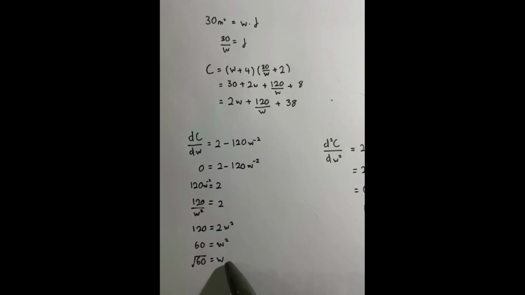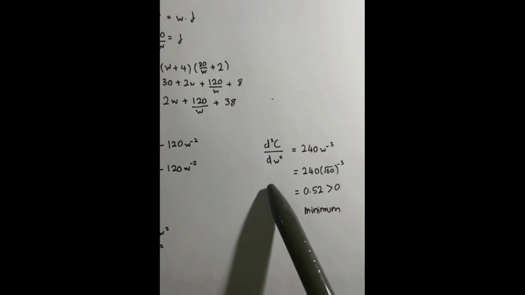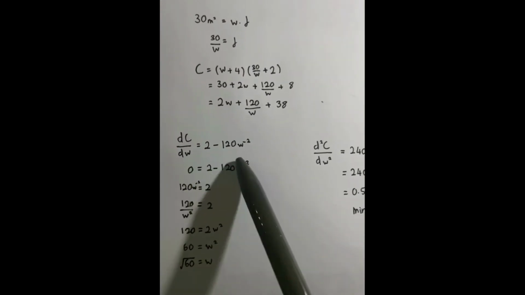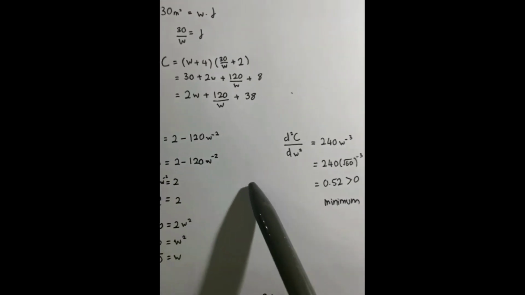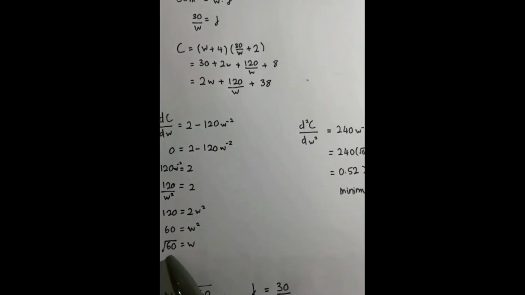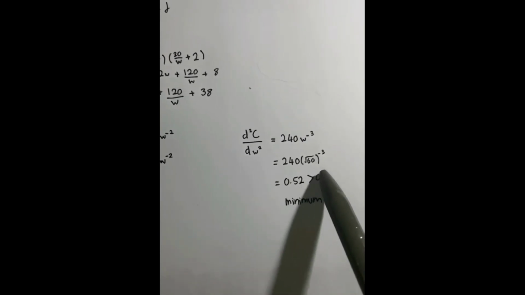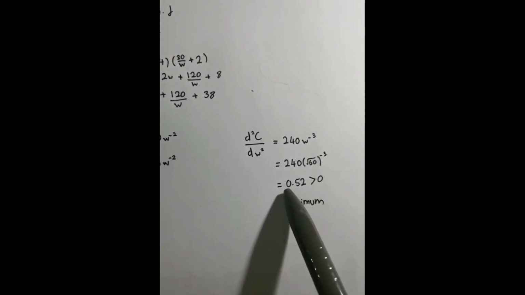After that, I need to find the second derivative. So I differentiate this equation again and I get 240 W to the power of negative 3. We already have the value of W, so I just substitute this value into this variable and use the calculator to simplify it, and I get the value of 0.52.